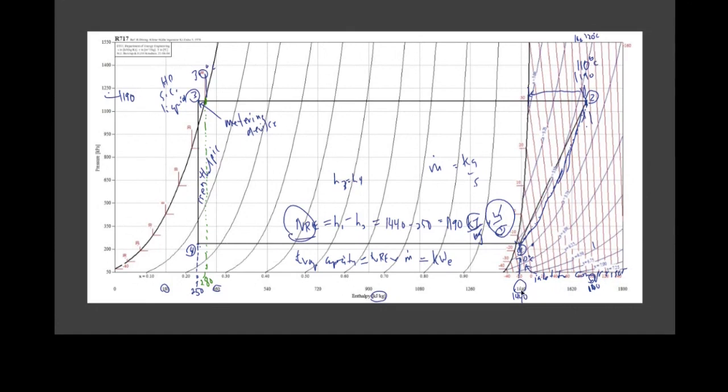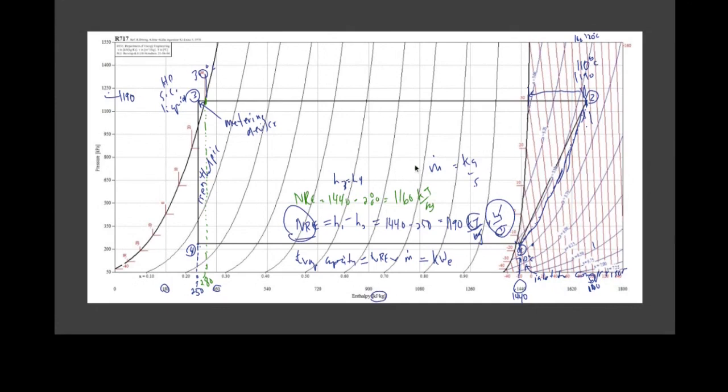And if it's still leaving at 1440, then our NRE is going to be 1440 minus 280, which is 1160 kilojoules per kilogram circulated.